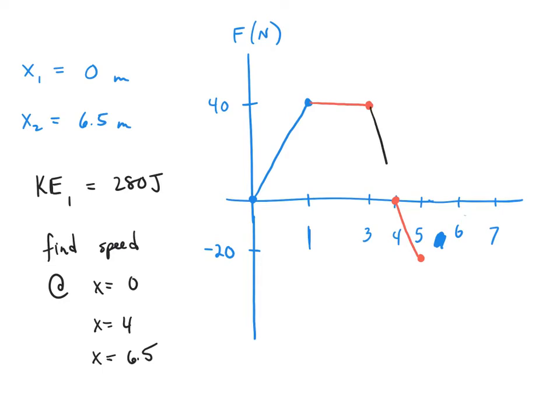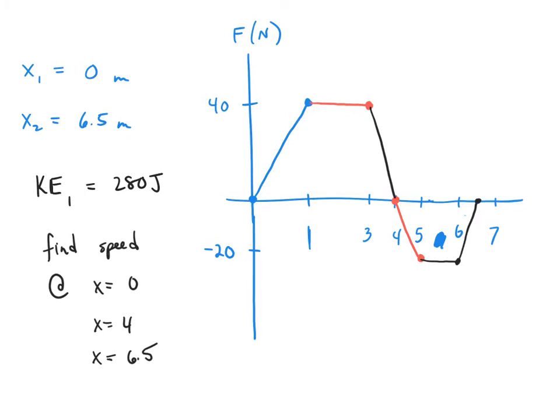From 5 to 6, it's a constant function. And from 6 to 6.5, it goes back to the horizontal axis. So this is what the figure actually looks like in the problem. The problem gave the wording for the regions from 0 to 1 and from 4 to 5. The other regions were only given in the diagram, not in the problem.